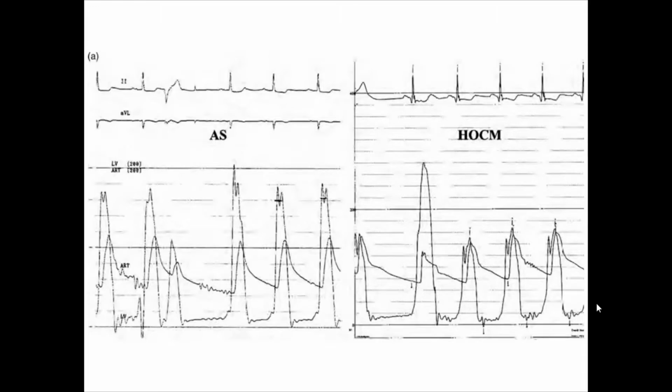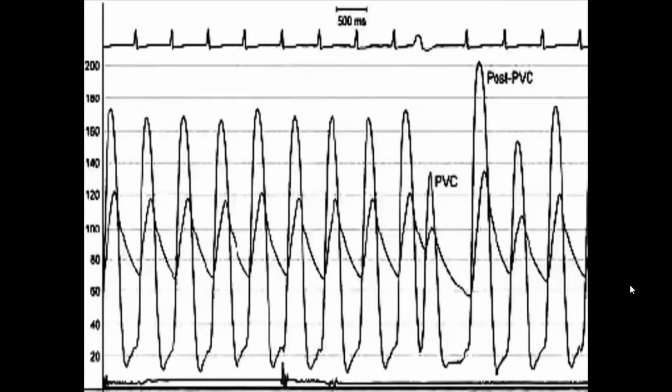Okay. So who can digest what we said and apply it here? I think by now we can be quicker in interpreting this. So who can interpret this one? This is a simultaneous hemodynamic tracing between the LV and the aorta, with ECG.